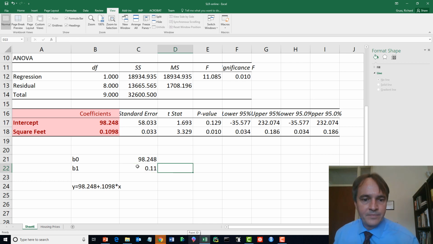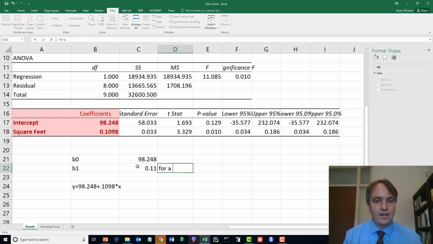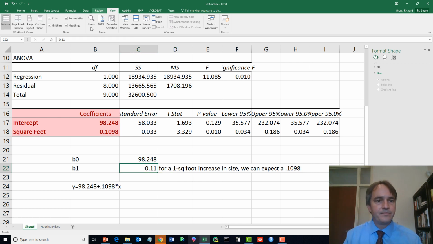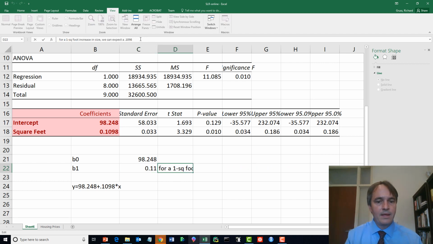So let's take a look at that. Okay, so this is our beta 1. So the interpretation is, for a one square foot increase in size, we can expect a 0.1098 increase in price in thousands, right?